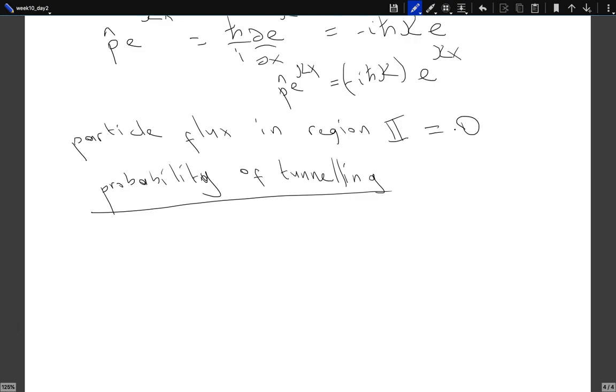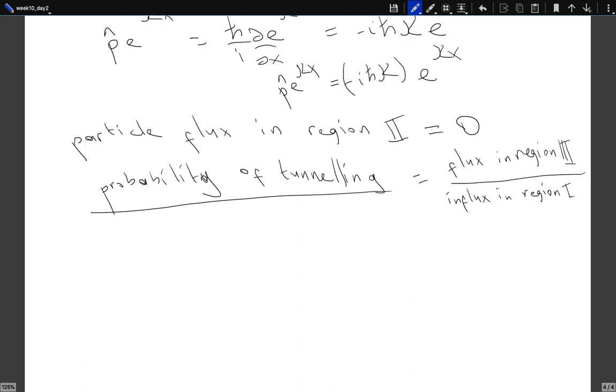Well, the probability of tunneling, we can just define it as flux in region 3 divided by influx in region 1.